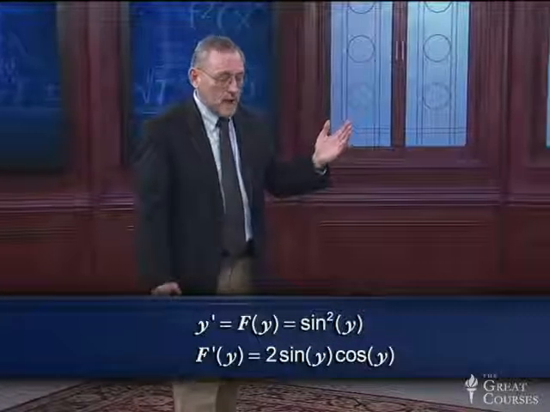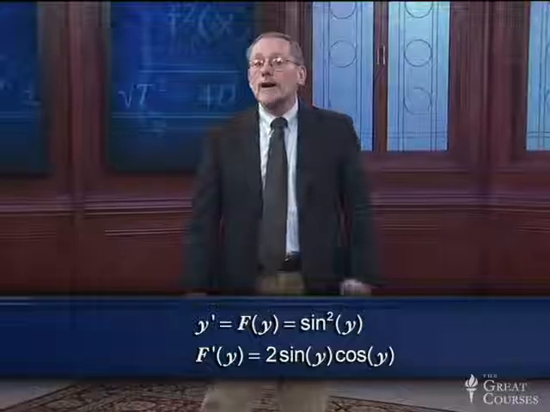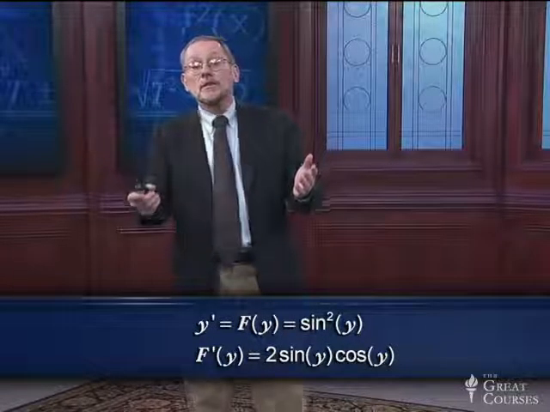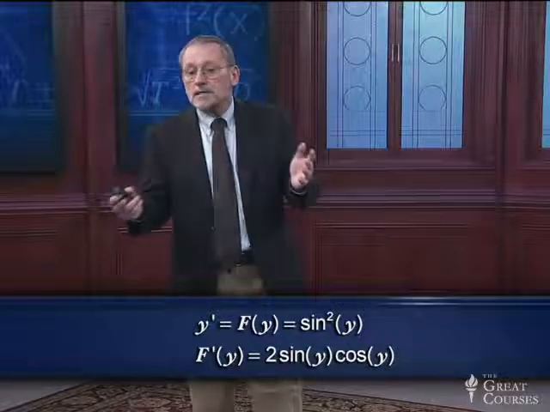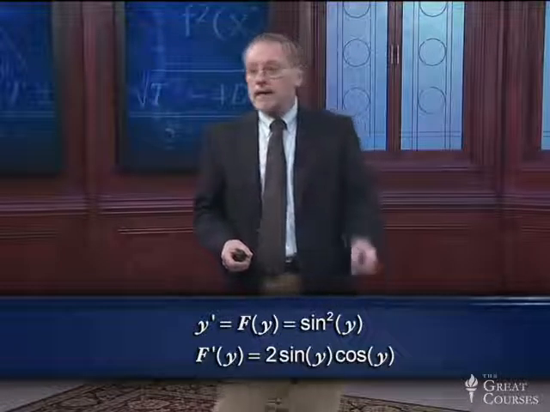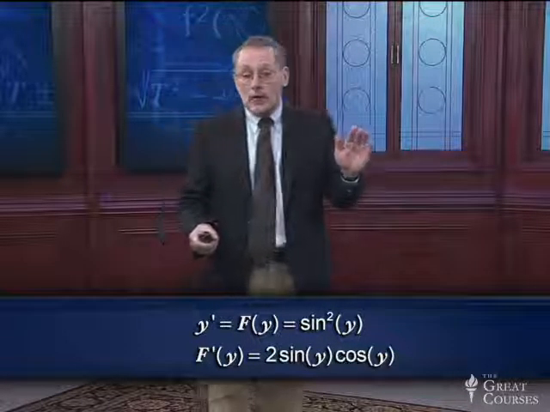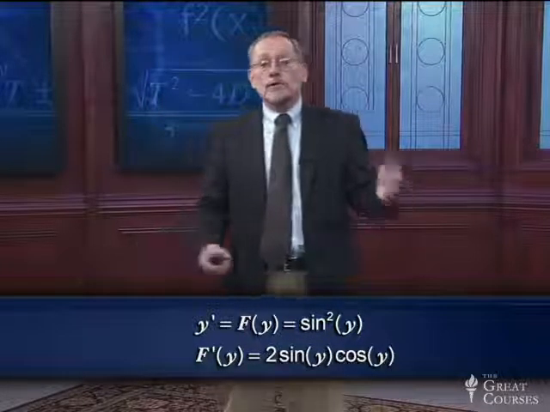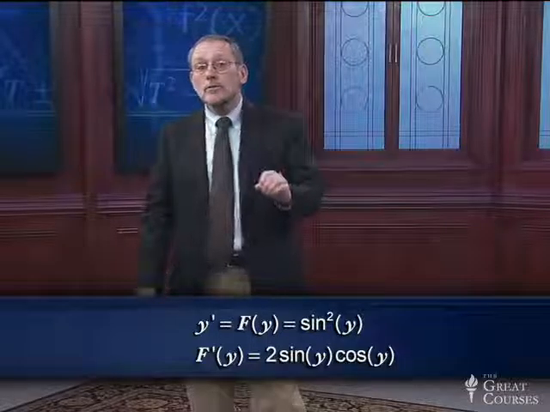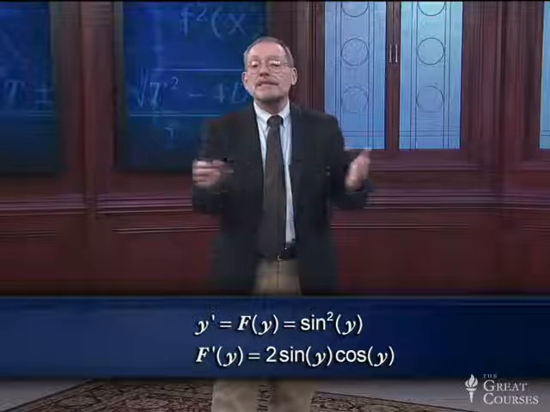So going back to y prime is sine squared y, we now see that solutions, in fact, cannot cross. Sine squared y is a perfectly nice right-hand side. It's differentiable at every point. In fact, it's continuously differentiable at every point. Its derivative is 2 sine cos. So that means solutions can never cross.